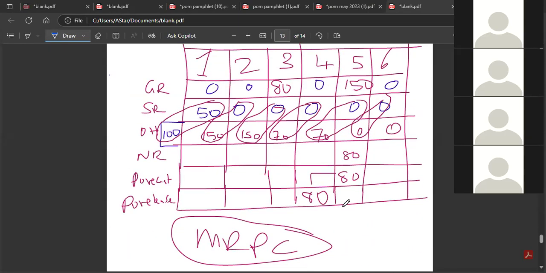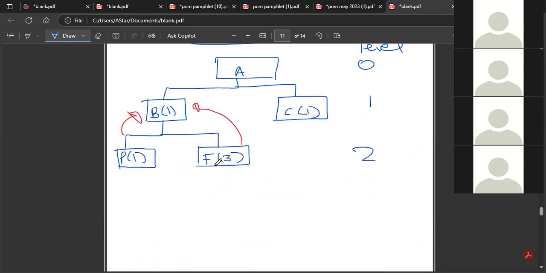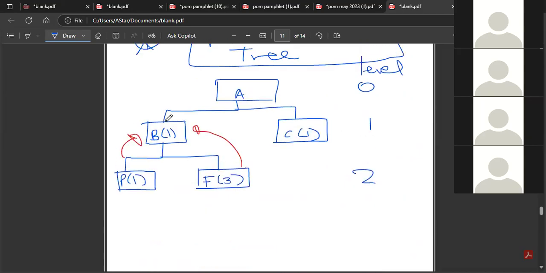So this release here, you multiply it by 1. P is not coming from A. So use what is from B to prepare for P and F. I don't know if you get my point.